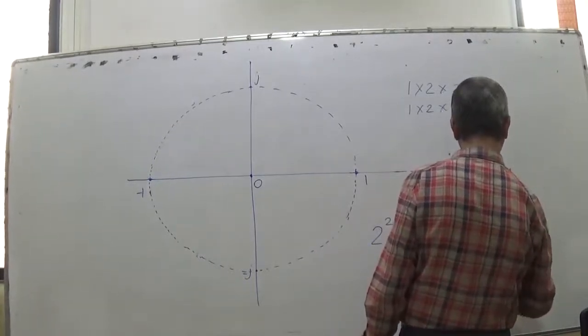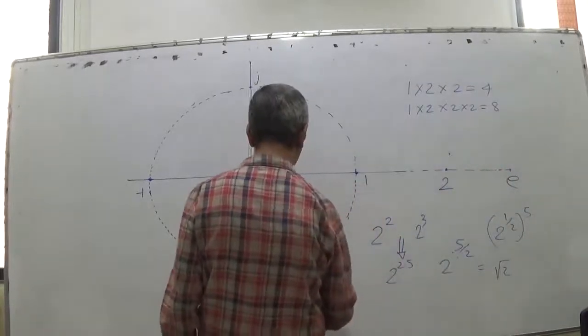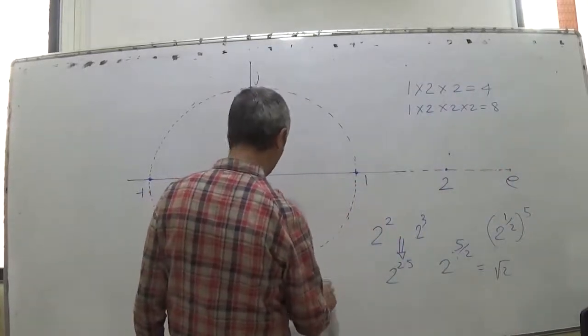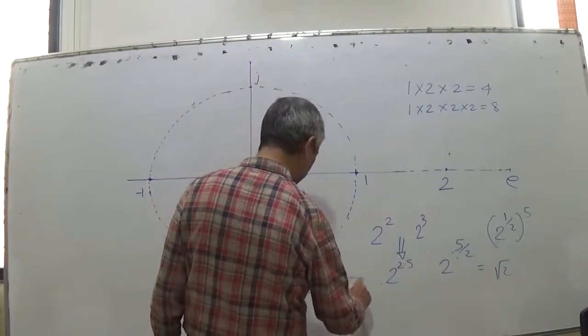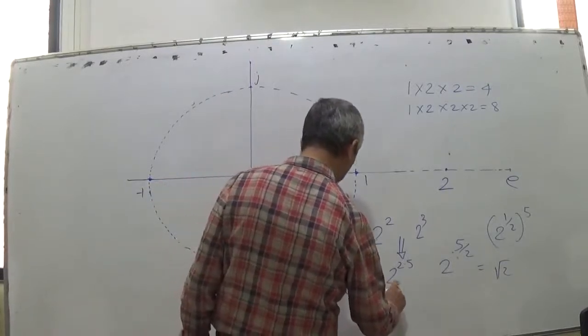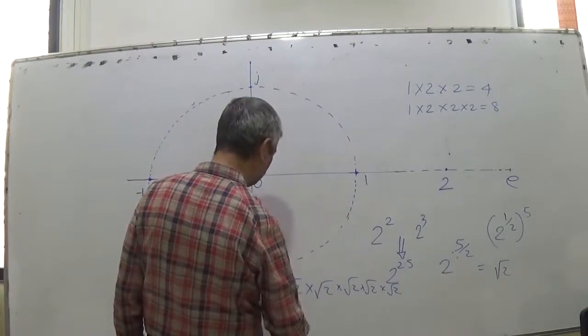So 2 raised to half is root 2. And then you take 1 and multiply by root 2, root 2, root 2, root 2 and root 2. So it is 4 root 2.